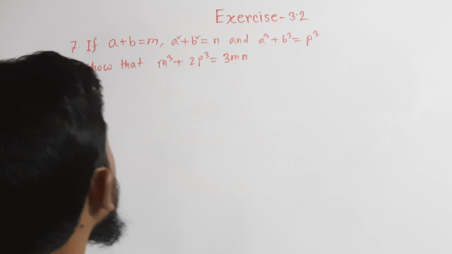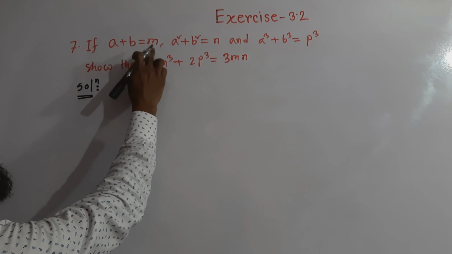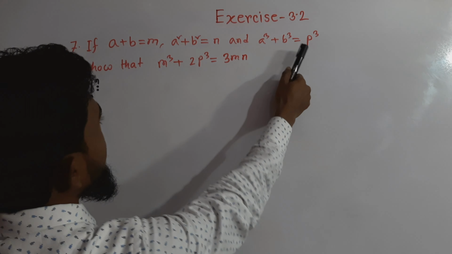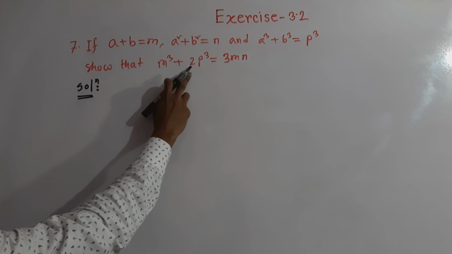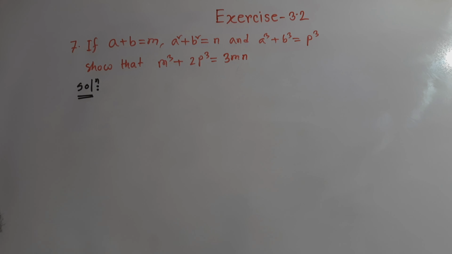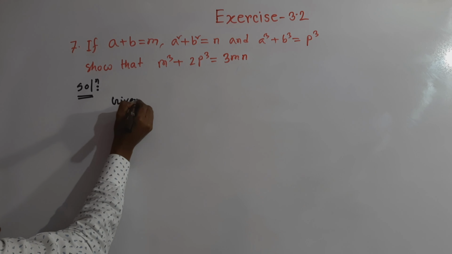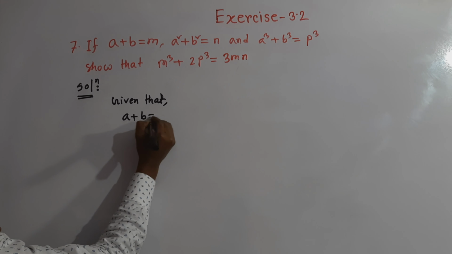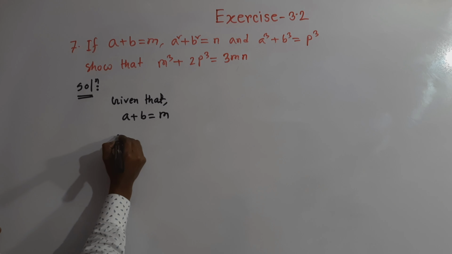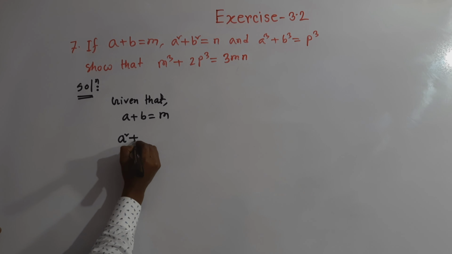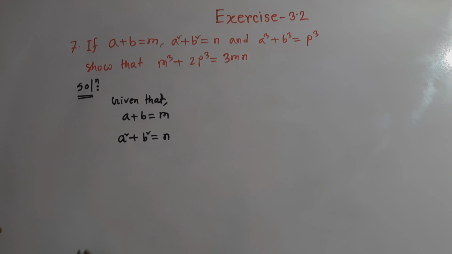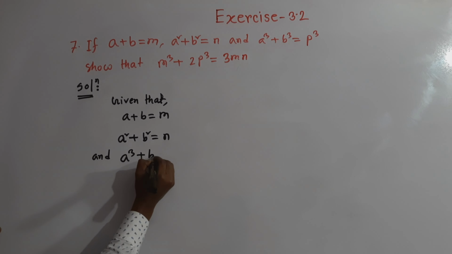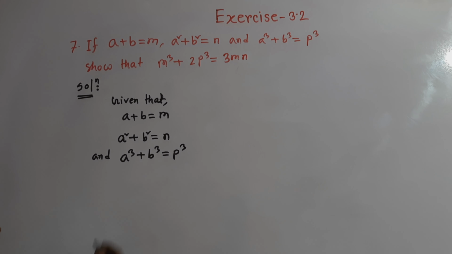My dear student, here the problem number 7. If a plus b is equal to m, a square plus b square equal to n, and a cube plus b cube is equal to p cube, then show that m cube plus 2p cube is equal to 3mn. Given that a plus b is equal to m, a square plus b square equal to n, and a cube plus b cube is equal to p cube.